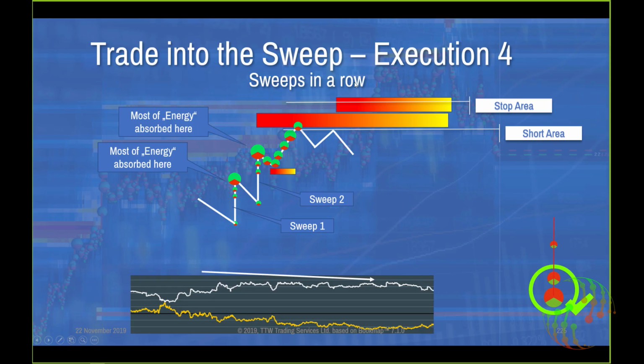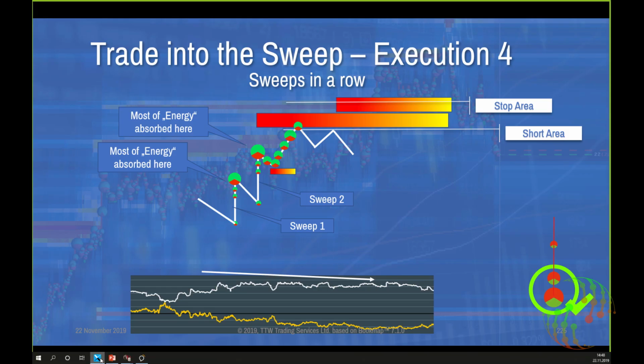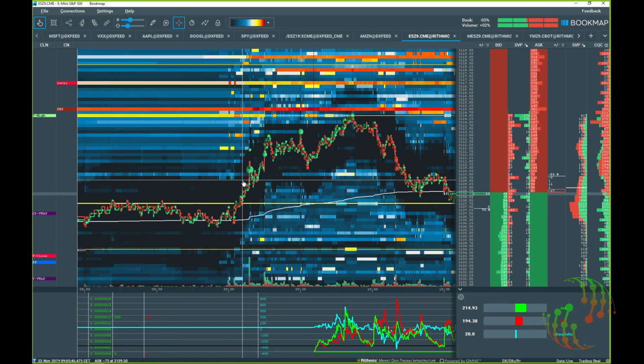We talked yesterday about this variation because it happens more. A sweep happens, then normally price is retracing because at this moment there is no more energy to push the price further up. Then retracement, and then we are looking for the liquidity. Look here. What is happening?